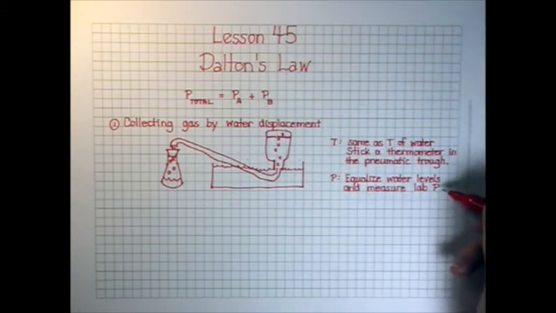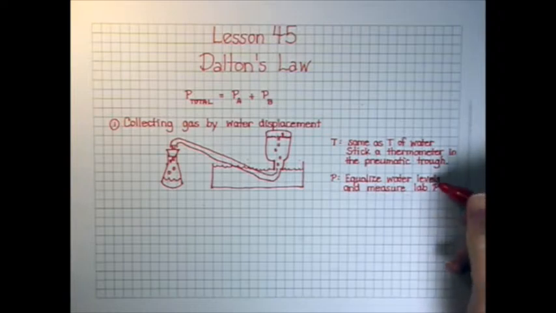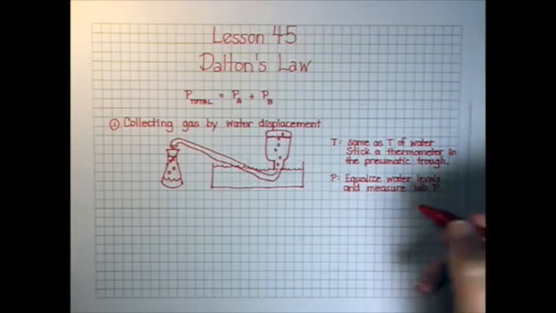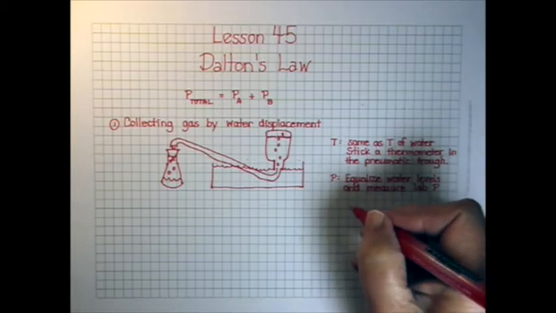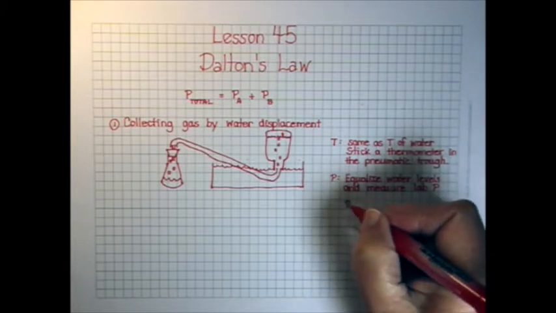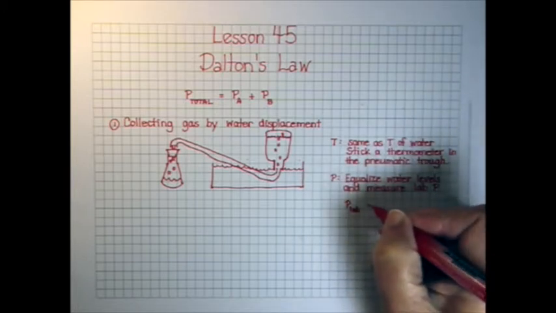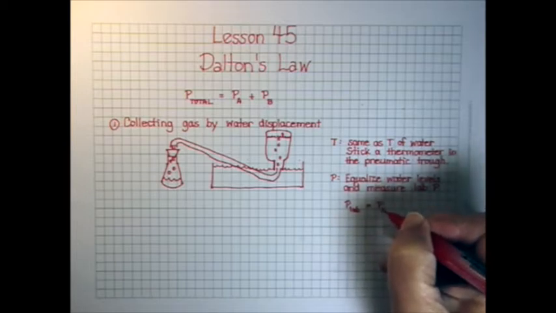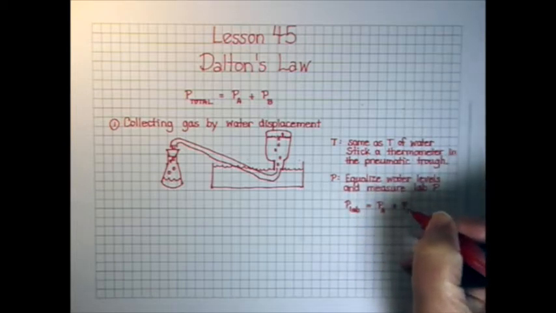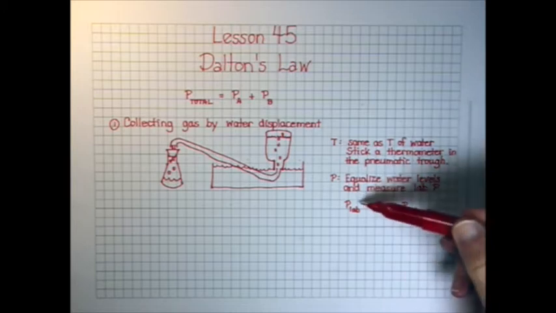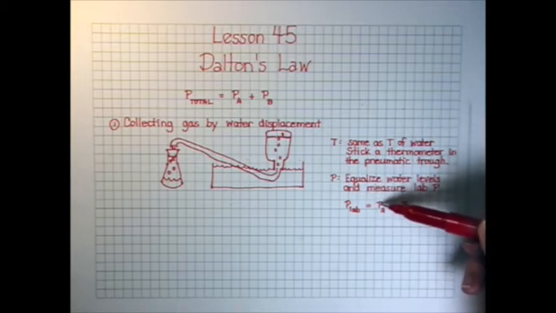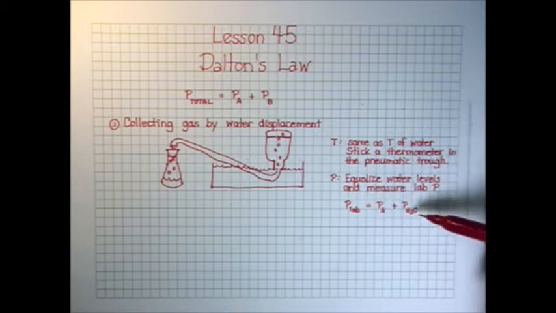So we have a total pressure that we got by measuring the lab pressure. So now we're going to have to say that the pressure in the lab, the total pressure, is equal to the pressure of the desired gas A plus the pressure of the water vapor. Well, we've measured that. This is what we're looking for. We need a way to get this.